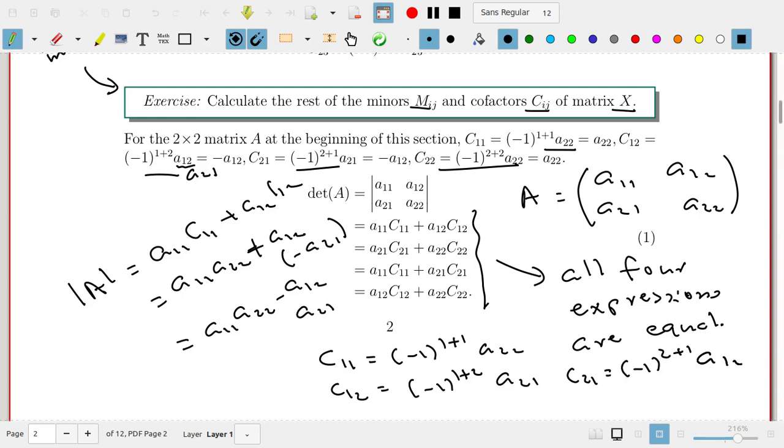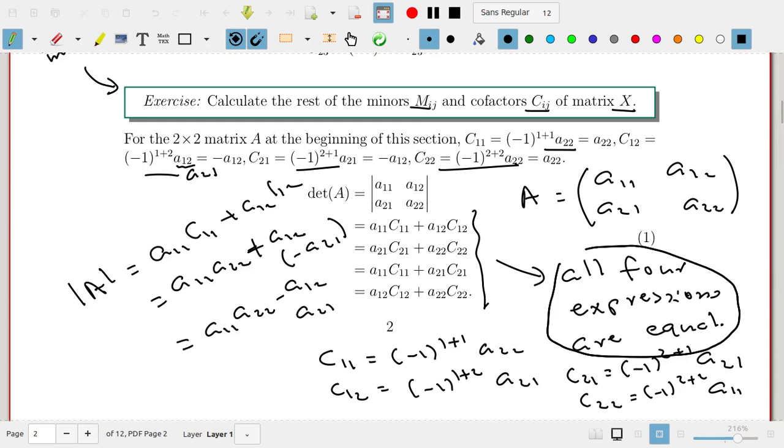And C22 is negative 1 to the power 2 plus 2, A11. Right, so that gives you the right expression for the determinant.